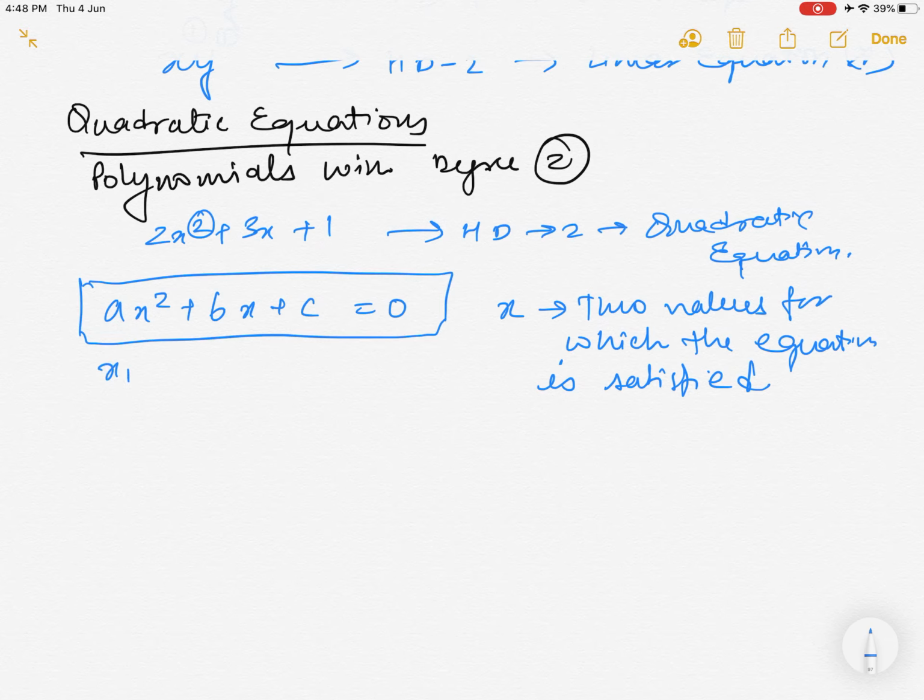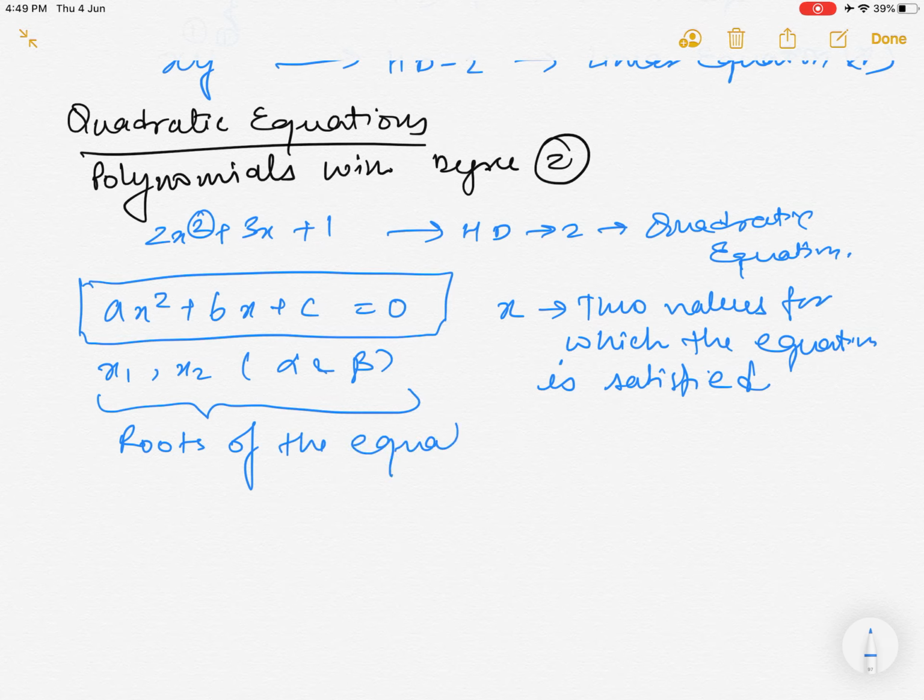So that means there will be two values of x, which when you put here, you'll get the answer as 0. And those two values, let's call them x1 and x2, or you can call them alpha and beta, doesn't matter, whatever seems convenient to you.